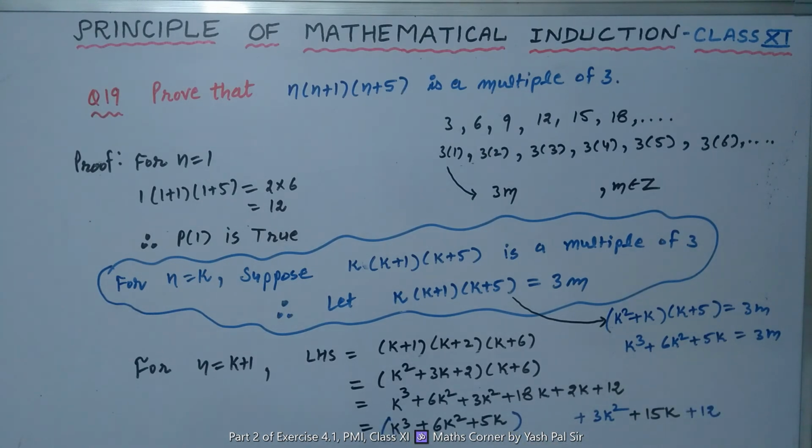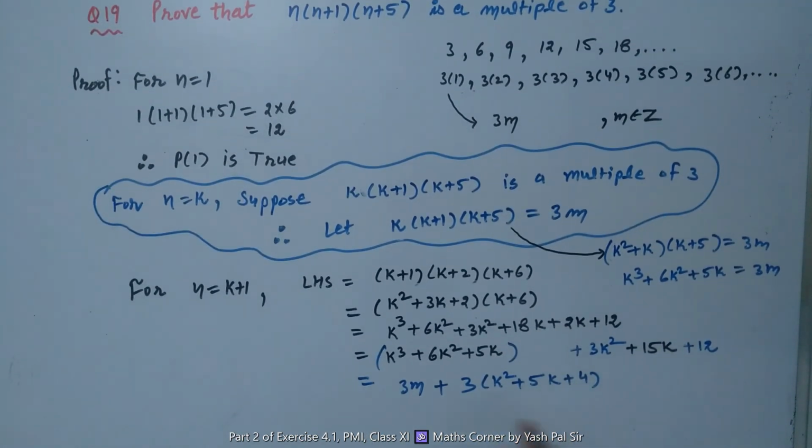So what we are writing now further, the value of k power 3 plus 6k square plus 5k is written as 3m. Next is plus, here we can take 3 common, so what we are left with, k square plus 5k plus 4. So again in these two terms, again we are taking 3 common. So what we have, m plus k square plus 5k plus 4.